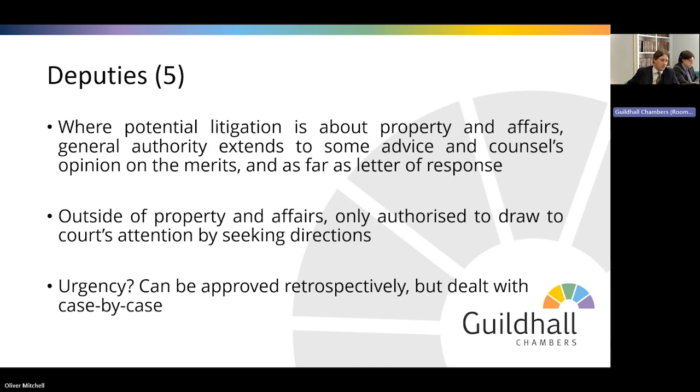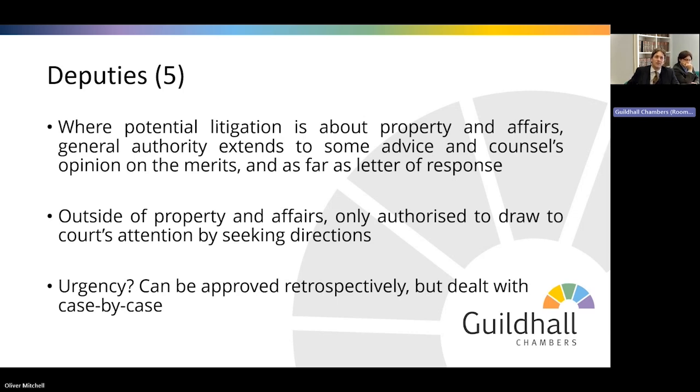So the general suggestion, I think, arising from that, is that if you think you need to do something that's not within the scope of the general authorisation quickly to protect P, firstly, be clear that you do need to act more quickly than you're able to get an application to the court.